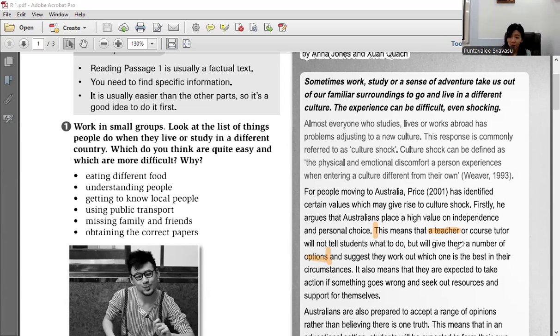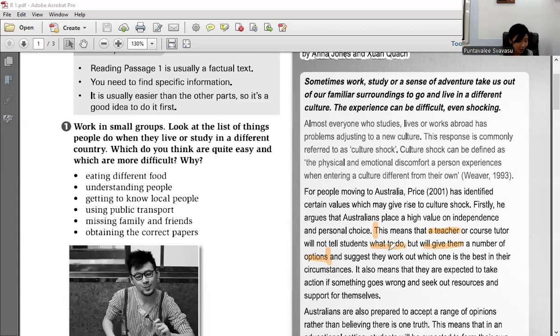A number of options means alternatives. So the teacher gives them alternatives. This is kind of a match, isn't it? They suggest alternatives, so they give them options. Rather than offer one solution, so one solution would match to telling students what to do.